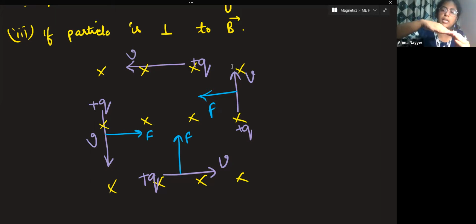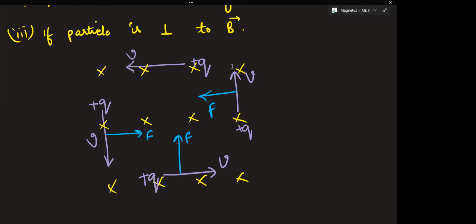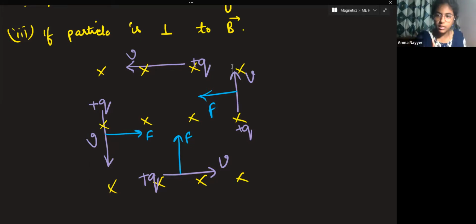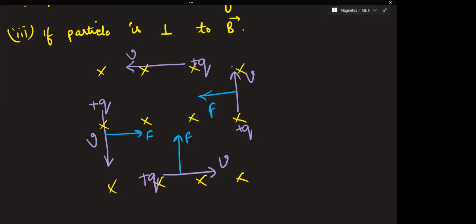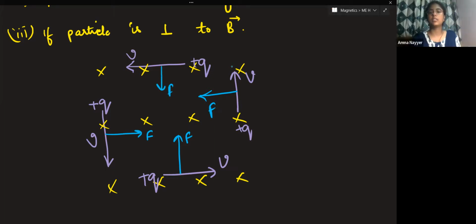Will I be able to curl it inwards? Do it along with me. Now, if I keep my hand like this, will I be able to curl it inwards? Do it. Where is your thumb pointing? Downwards. Now got it? Yes, ma'am. All right, good. So it will be downwards.